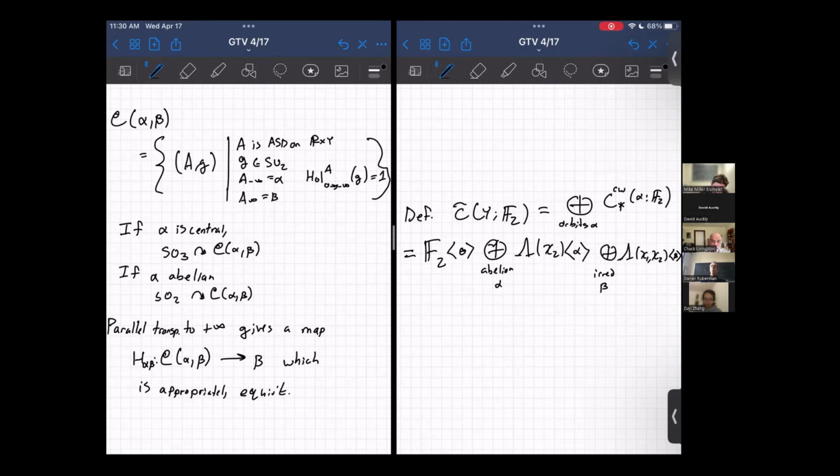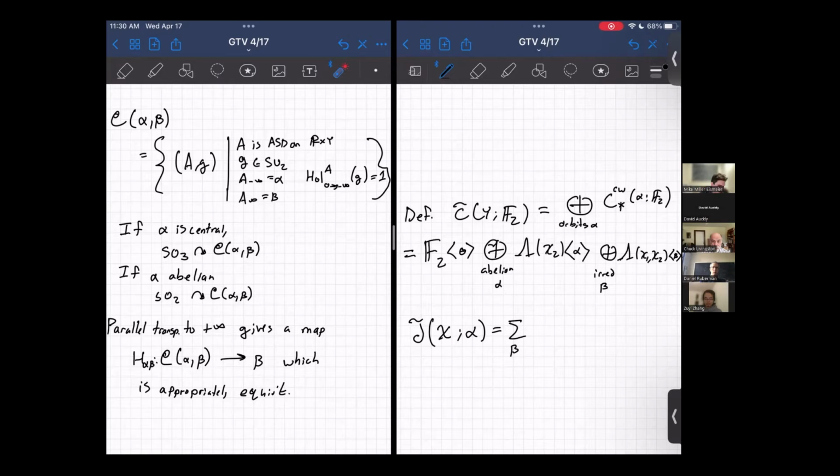What I want to say is that with respect to the stratification by boundary strata of this moduli space, this map is cellular. In that case, this being a manifold gives me a fundamental class, a fundamental chain in the cellular complex associated to beta.